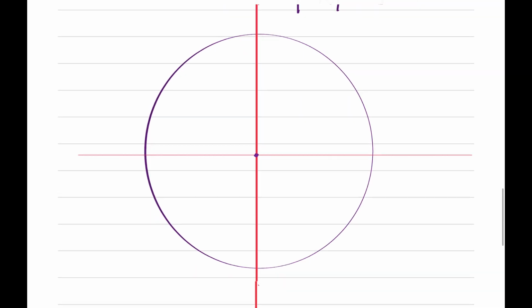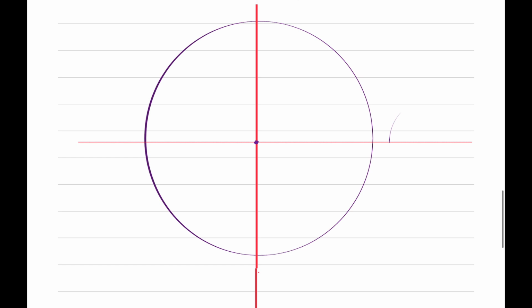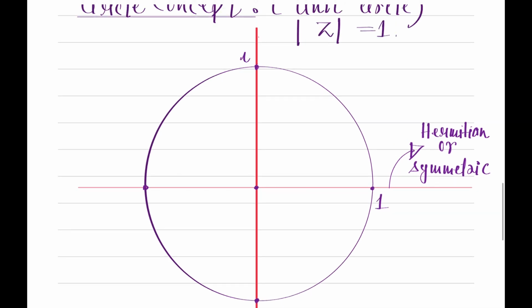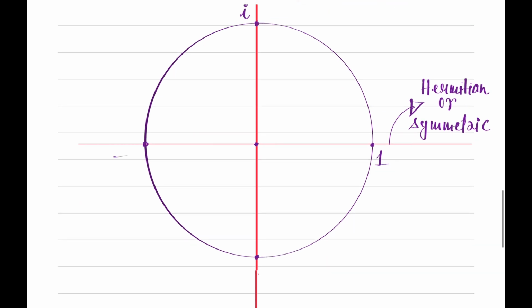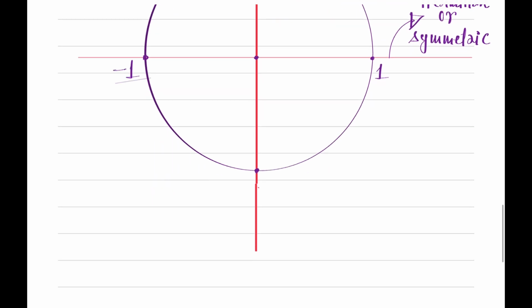We have a circle, and this line represents Hermitian or symmetric, and these are the intersection points. The intersection points will be 1, i, and -1 and -i.